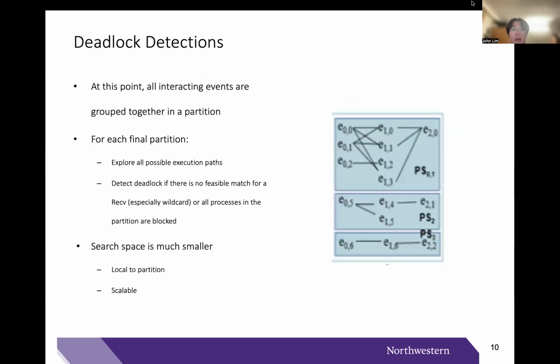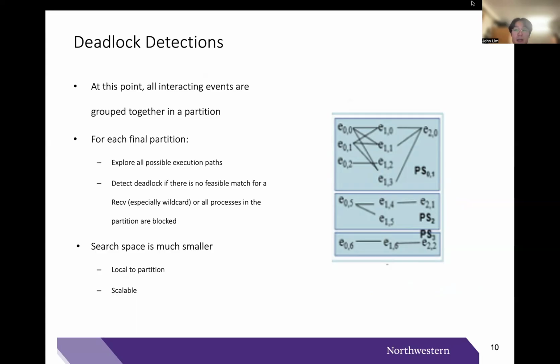At this point, all interacting events should be grouped together in a partition where the elements in each partition don't really affect the other partitions.